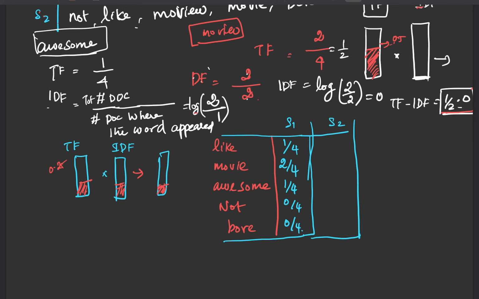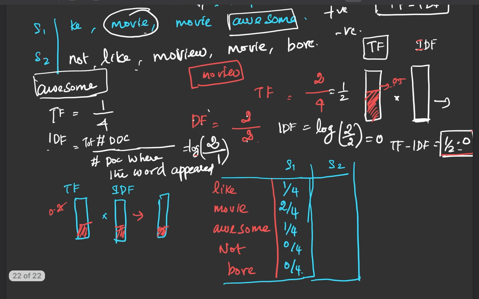Like appeared 1 time. Here there are 5 words. And we'll calculate for movie, 2 out of 5.